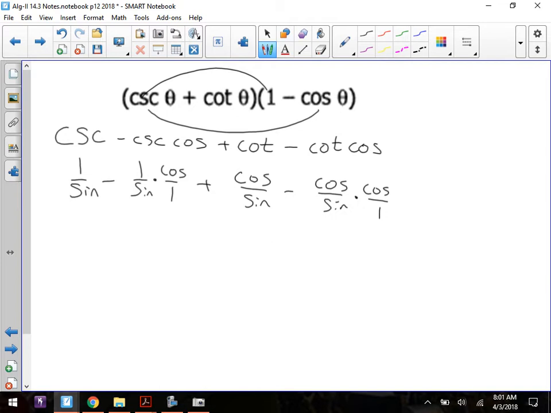What happens with those middle terms? What's 1 over sine times cosine over 1? Isn't that cosine over sine? So minus cosine over sine plus cosine over sine becomes 0. These two parts cancel out. And I'm left with 1 over sine minus cosine squared over sine.